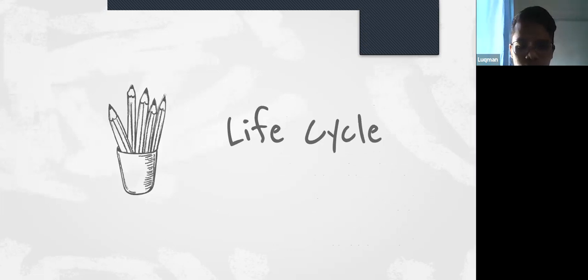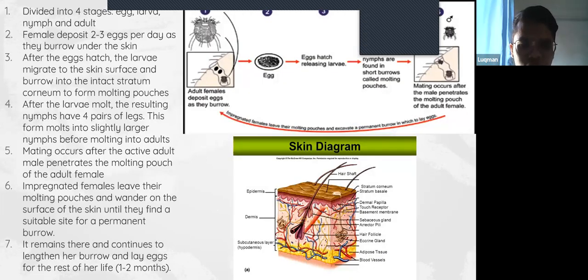The life cycle has a long list of steps, which I will simplify in simple words. First, we must know that there are 4 stages of this organism's life cycle: egg, larva, nymph, and adult. The female Sarcoptes scabiei will deposit 2 to 3 eggs per day as they burrow under the skin.